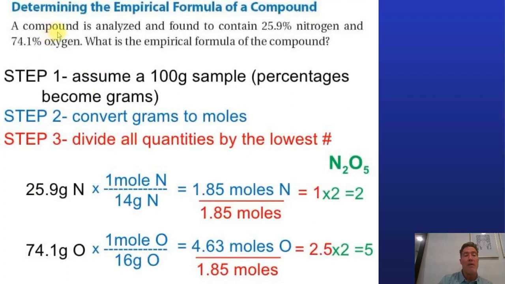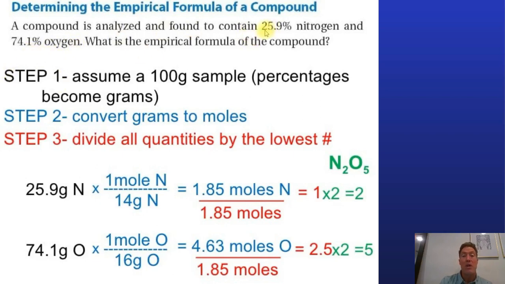So here would be a sample problem. We analyze a compound, and it's found to be 25.9% nitrogen and 74.1% oxygen. And now it's asking us, what is the empirical formula for the compound? Okay, so the first step, step 1, let's turn these percentages into grams.